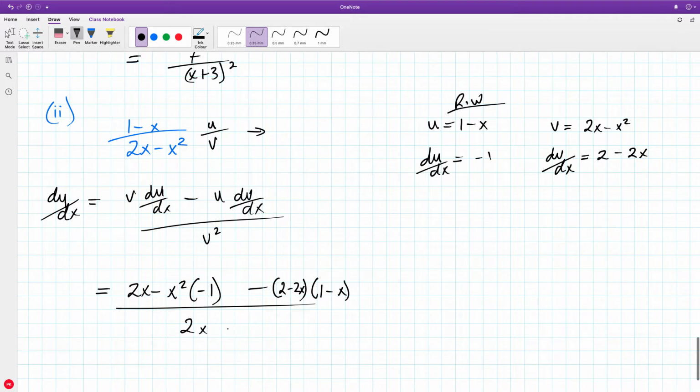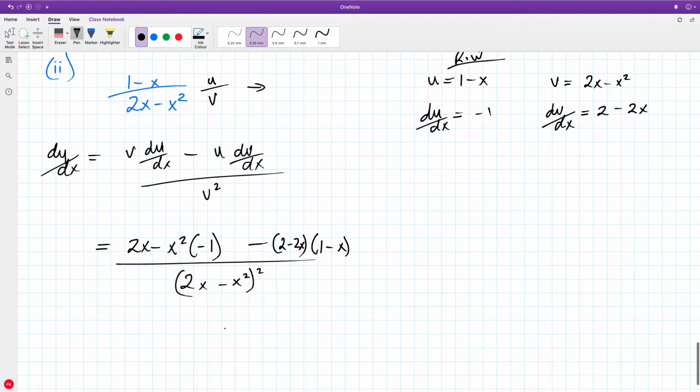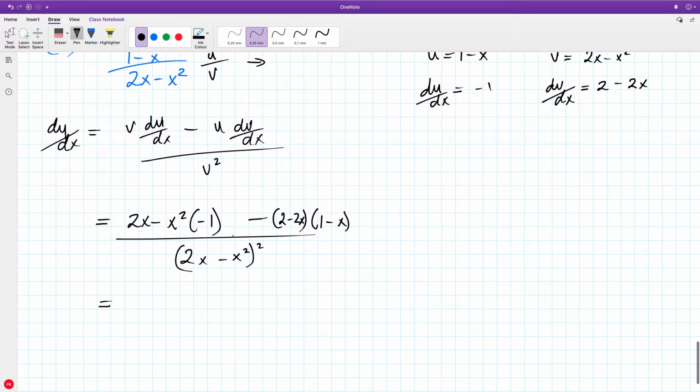2x minus x squared, squared, which is equal to 2x by minus 1 is minus 2x. Minus x squared by minus 1 is plus x squared. I'm going to do bracket and then multiply in the minus, the easiest way to do that. 2 by 1 is 2. 2 by minus x is minus 2x. Minus 2x by 1 is minus 2x. Minus 2x by minus x is plus 2x squared.